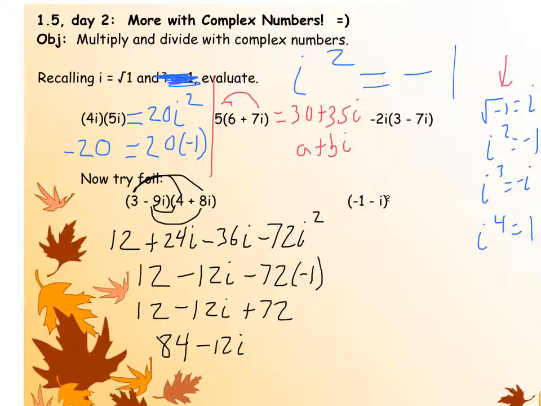I am not going to take the time to work through this last one, but I do want to say that it's important to get started on that one. We have negative 1 minus i, squared. It is very helpful to write that out like this.